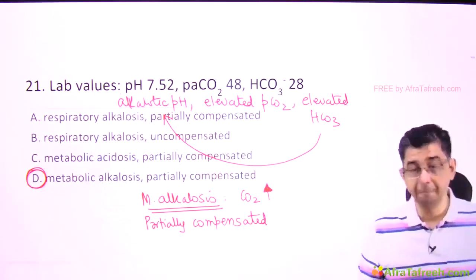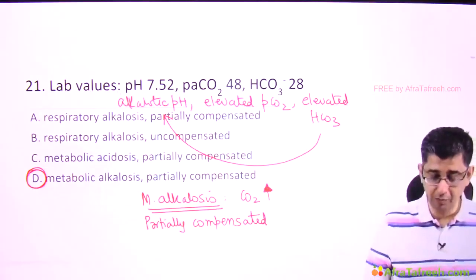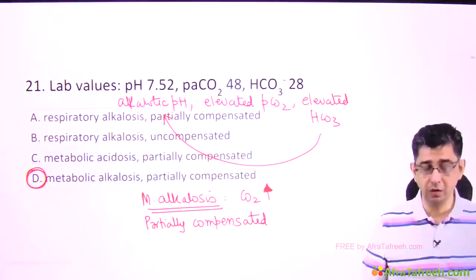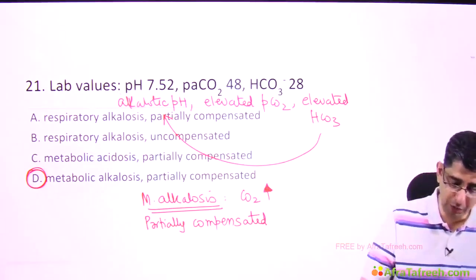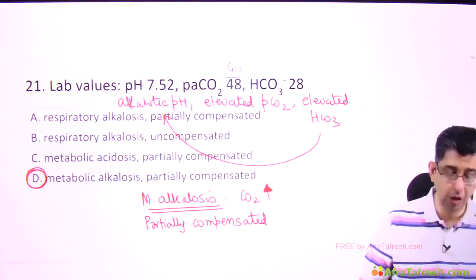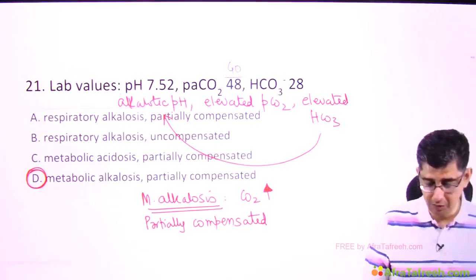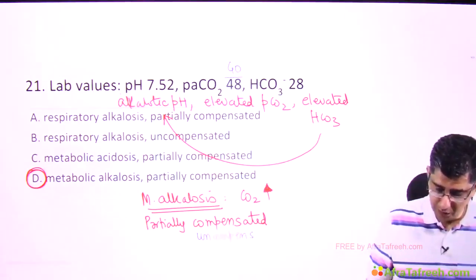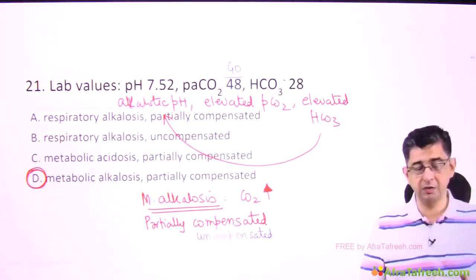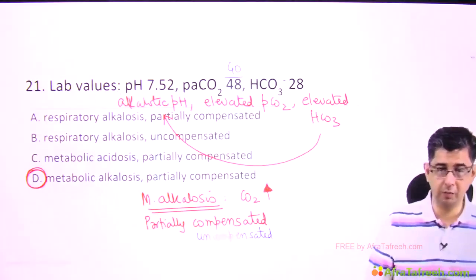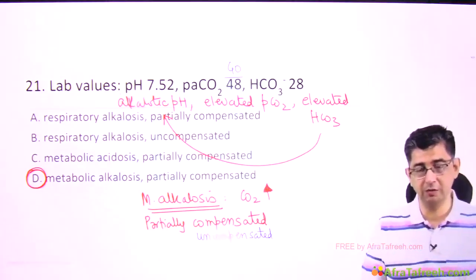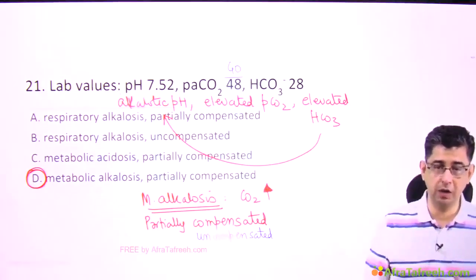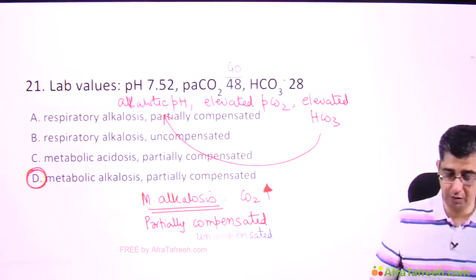Remember, if the PCO2 of this patient was given to be 40, then I would say that this patient is having an uncompensated metabolic alkalosis. As I said in the previous slide, I'm repeating that again: in metabolic acidosis, the carbon dioxide values should fall, and in metabolic alkalosis, the carbon dioxide values should increase.